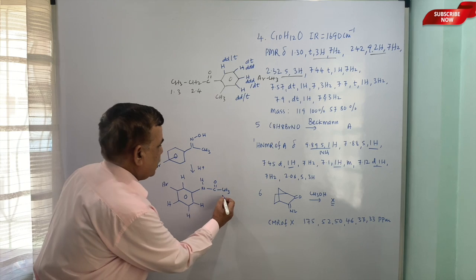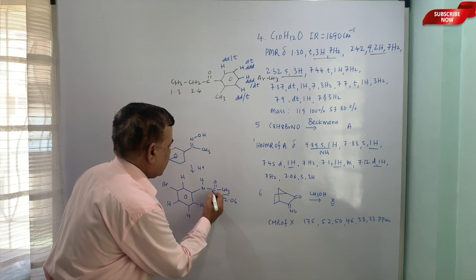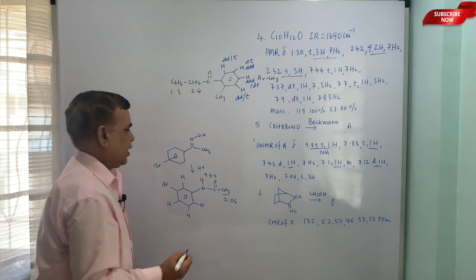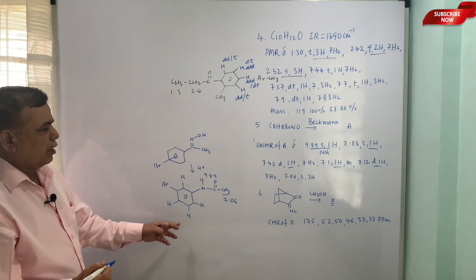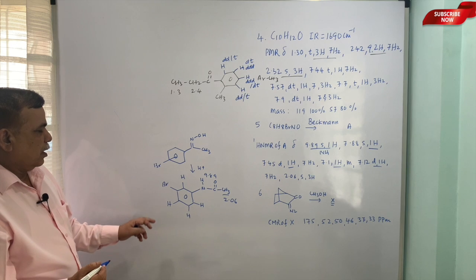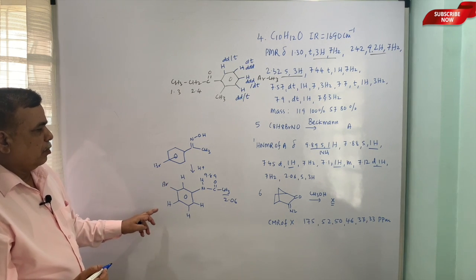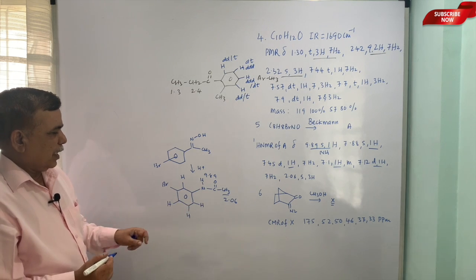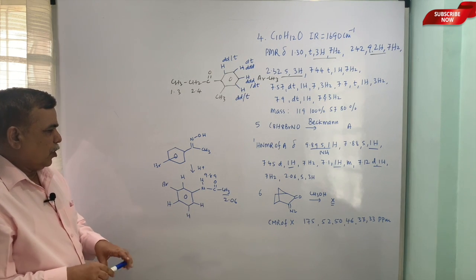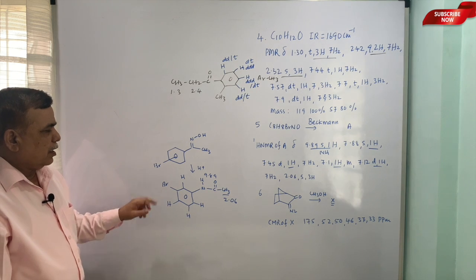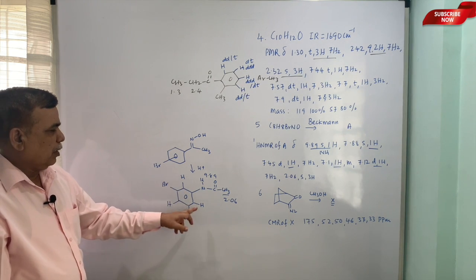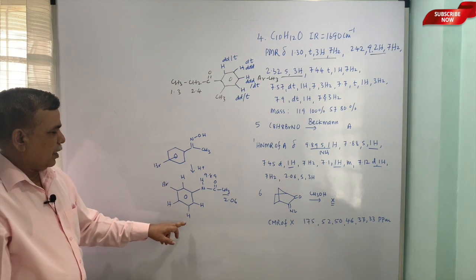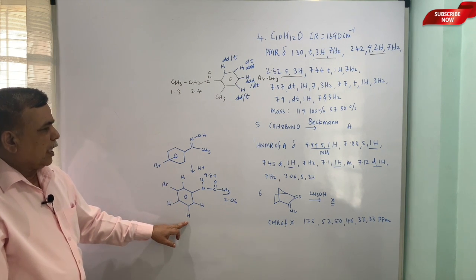Then 2.06 probably looks like this. This is 9.89, the NH proton. These are 4 aromatic protons, and ortho to bromo, ortho to NH. So, the anilide group is a moderate donor, this is a moderate acceptor. So, ortho will be upfield, and ortho para will be upfield, meta will be downfield.